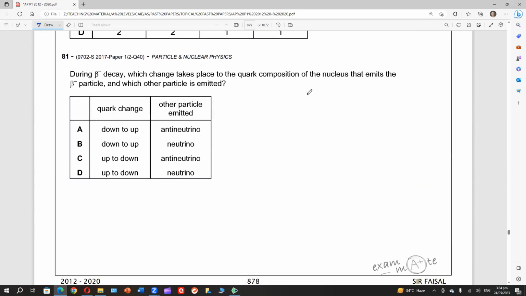During beta minus decay, which change takes place to the nucleus that emits the beta minus particle, and which other particle is emitted? Again, this is the same situation, beta minus decay.